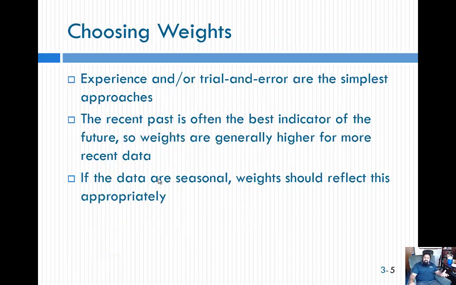Experience and trial and error methods are used for choosing the weights. The recent past, of course, is given much higher weights than the distant ones. If the data is seasonal, the weights should reflect this appropriately.